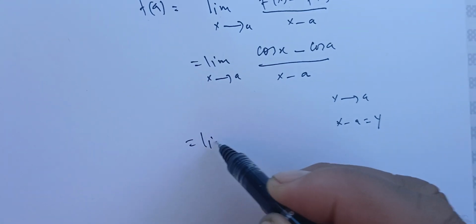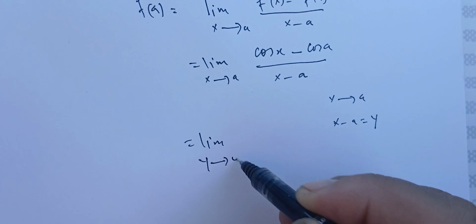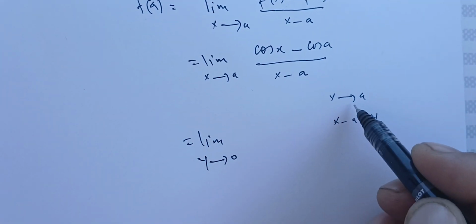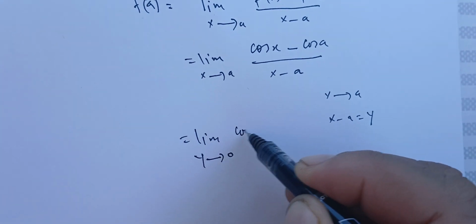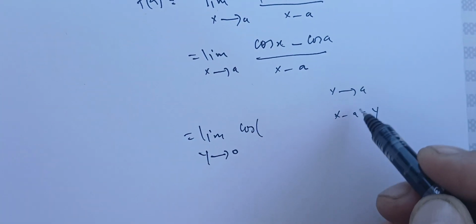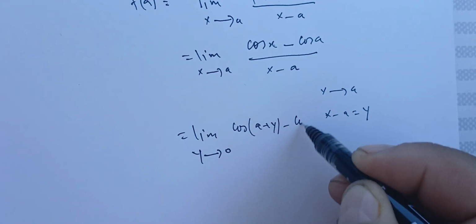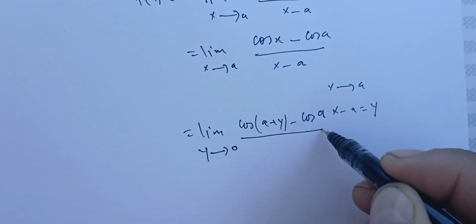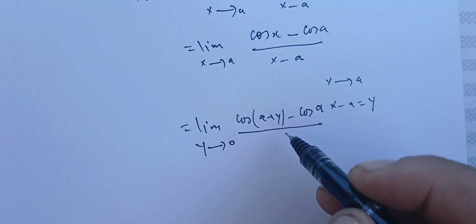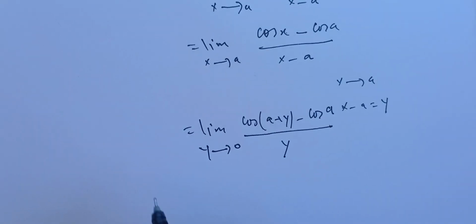This is the same as the limit as y goes to 0 of cosine of a plus y minus cosine of a, over y, since x minus a is just y.